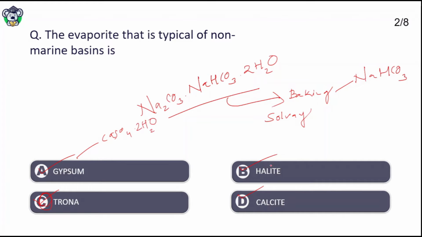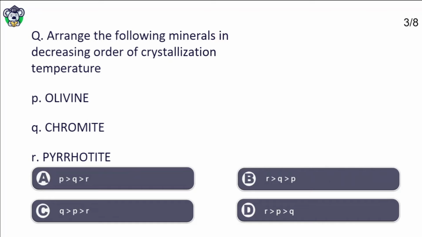Okay, halite, this is rock salt, that is NaCl. Calcite, CaCO3. Okay, and sylvite formula is KCl. Okay, gypsum crystallizes in monoclinic system. Similarly, halite is isometric.